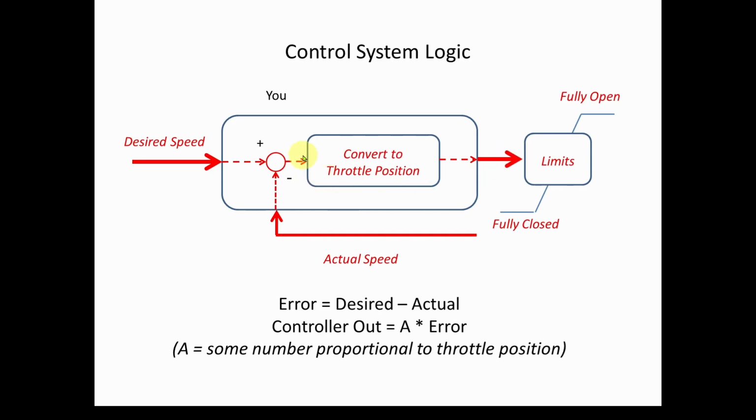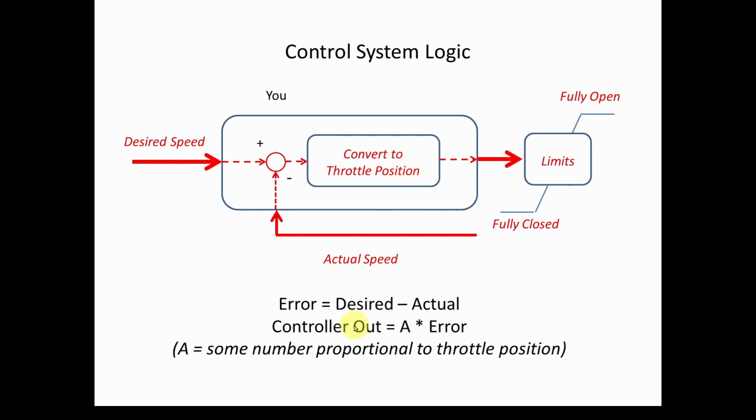All we're doing is, the more the error, the higher the throttle position is. So if it's going from 0 to 1, 60 miles an hour might be a 1, and if there's 0 error, we would have 0, right? So somehow we have to convert the error into something that the throttle can understand.